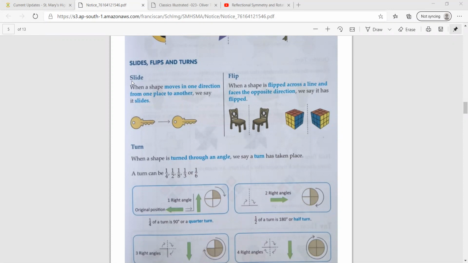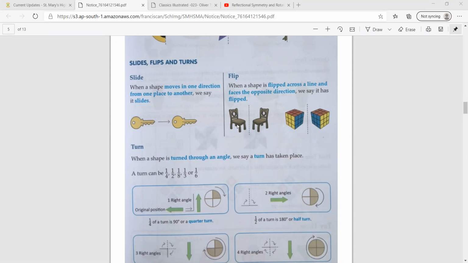That movement is slide. Then the other movement they have given here is flip. When a shape is flipped across a line and faces the opposite direction, we say it has flipped. So if we look at these pictures, we will understand this better. Now, what has happened to this chair? It has been flipped.